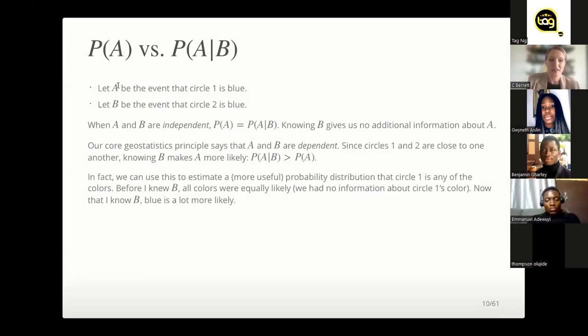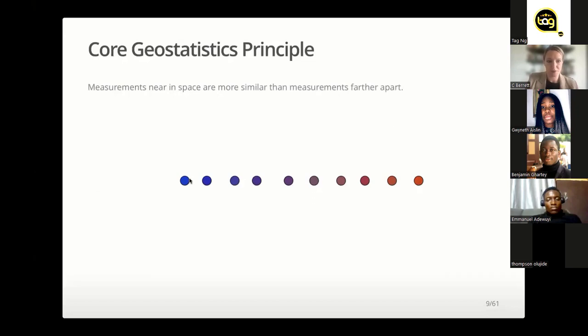So just to reflect back to intro probability, when we first learned about probabilities of events, we learned about conditional probabilities and marginal probabilities. So let A be the event that circle 1 is blue. I'm talking about this illustration.